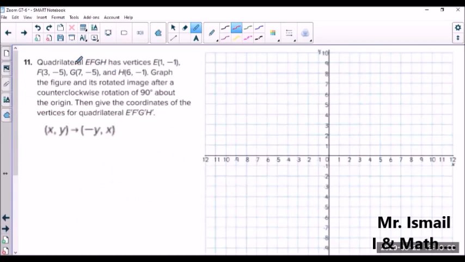So let's take some examples and see how we deal with them. Suppose I have this figure, E, F, G, H. I plot the points. (1, -1) is the point E. The point F is (3, -5). The second point G is (7, -5).